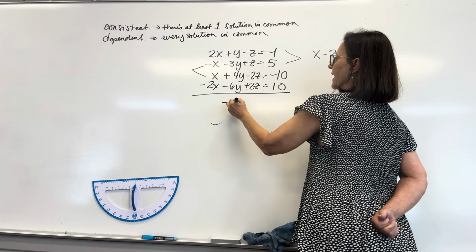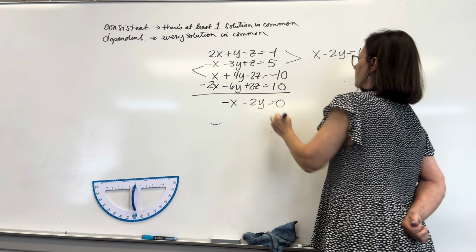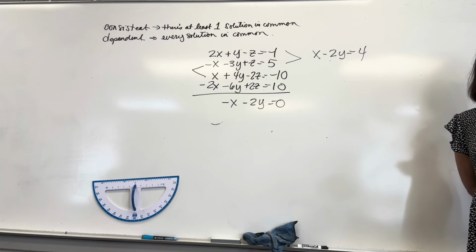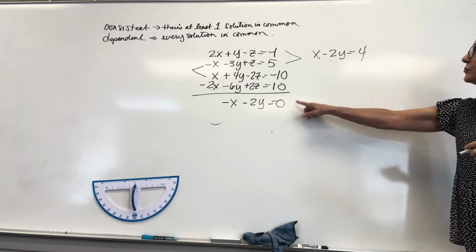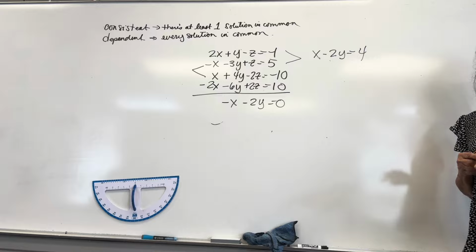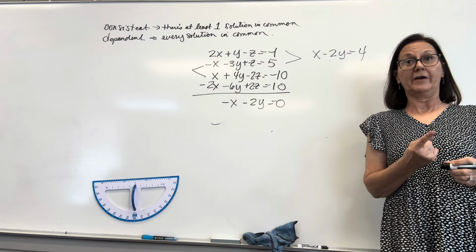And that's negative x minus 2y equals 0. So now I have 2 equations, 2 variables. Got it? Had to use all 3 equations to eliminate the same variable.